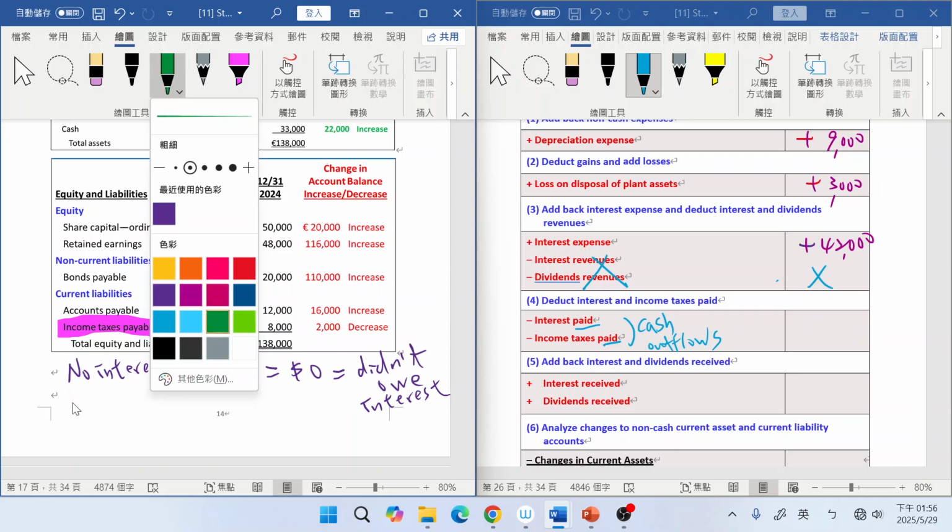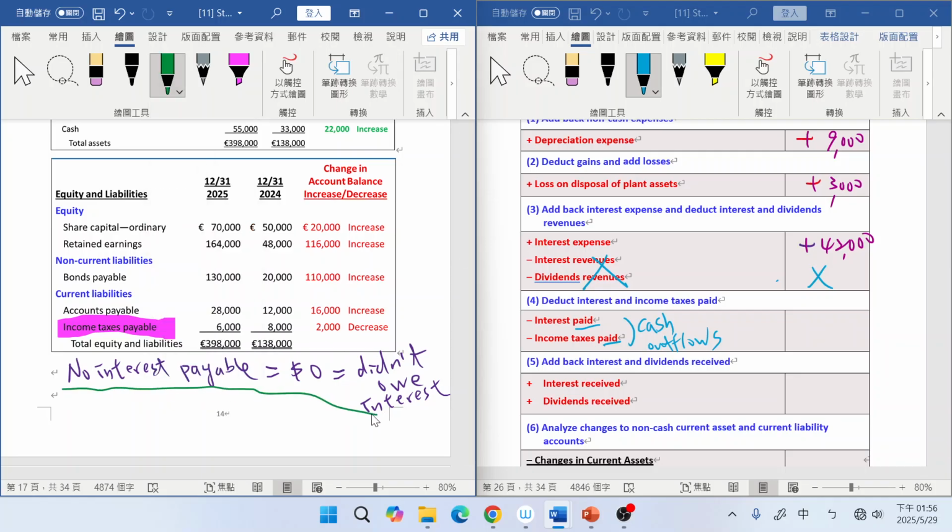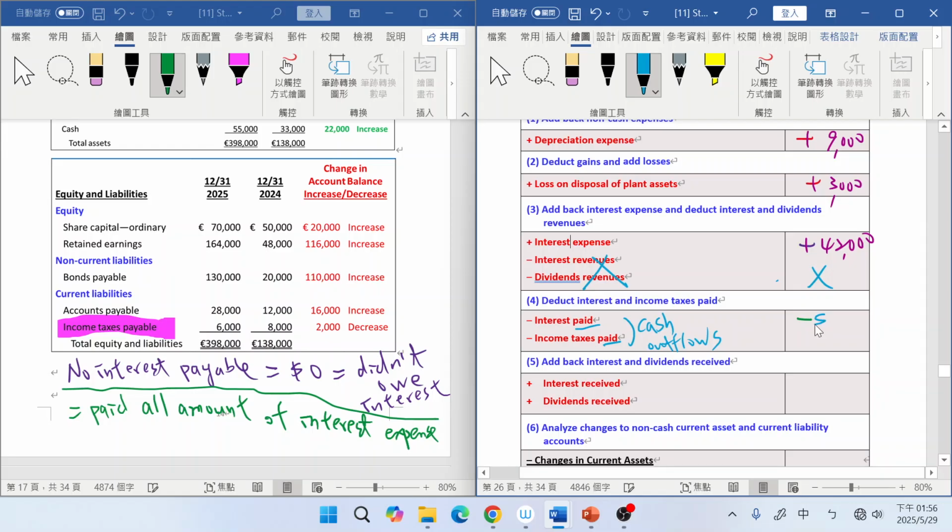No interest payable means you paid the full amount of interest expense. So that's why the cash you paid is $42,000, which is the interest expense.